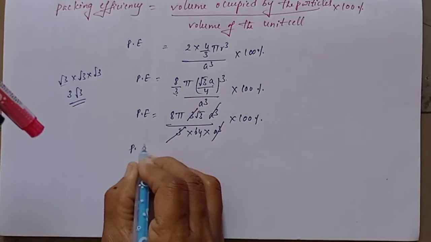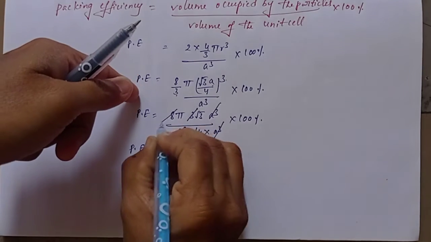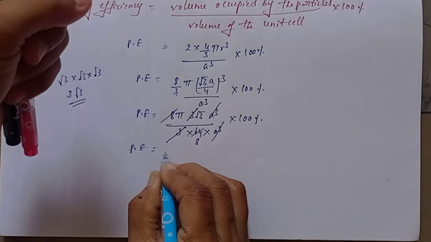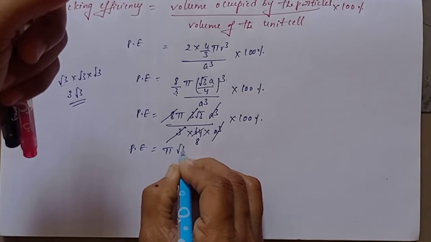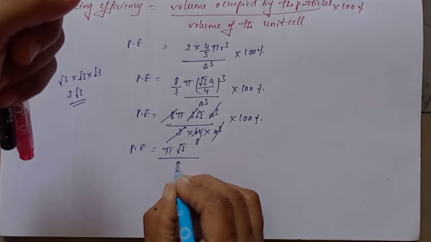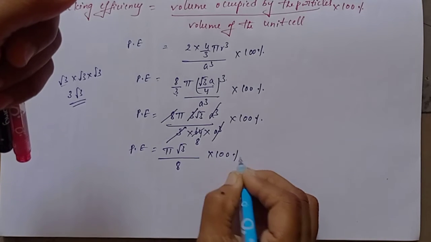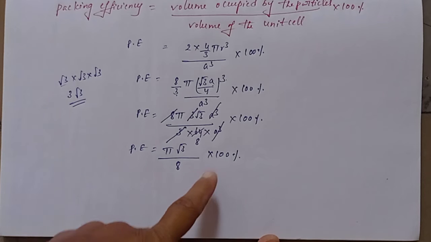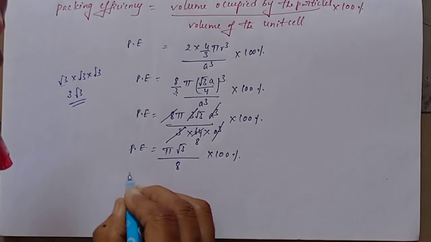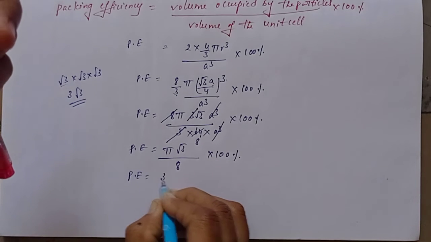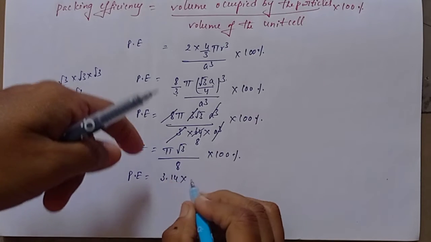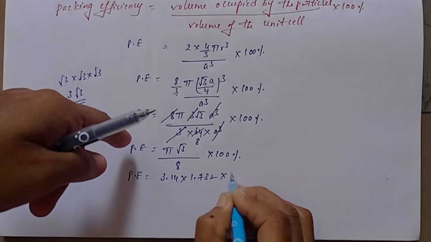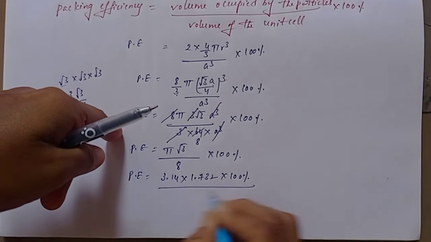Clear, students? Then packing efficiency is equal to 8 in 64, 8 times 8 is 64. Then you will get pi into root 3 in the numerator, and in the denominator only 8, into 100%. Pi into root 3 by 8 into 100%, students. Then packing efficiency is equal to pi value 3.14, root 3 value 1.732, into 100% divided by 8.